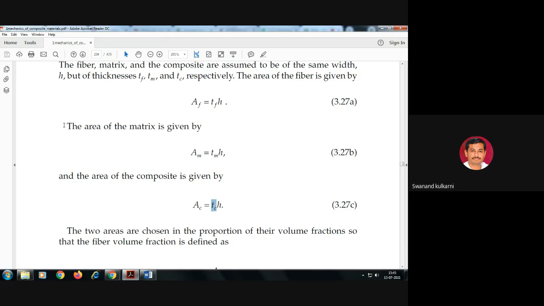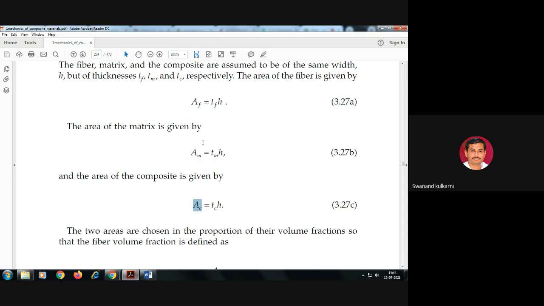So for the area of fiber, area of matrix and area of composite material, the notations are Af, Am and Ac. These three equations A, B, C are the equations of area of fiber, area of matrix and area of composite material.